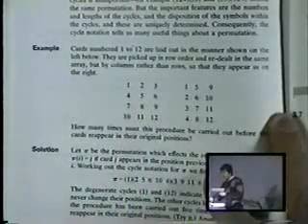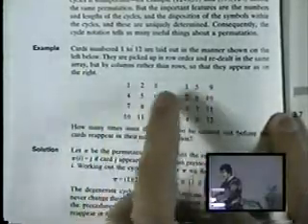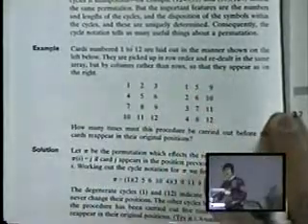So suppose you had 12 cards, and the cards are ordered in your deck, numbered 1, 2, 3, 4, 5, 6, 7, 8, 9, up to 12. Suppose you pick them up, and now instead of putting them down row by row, you put them down column by column.